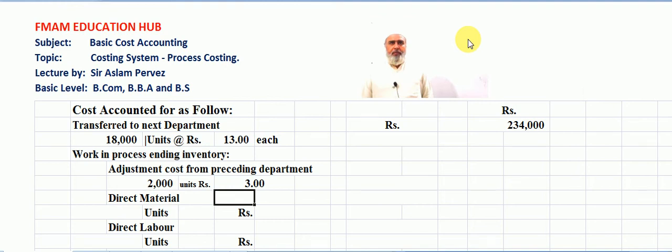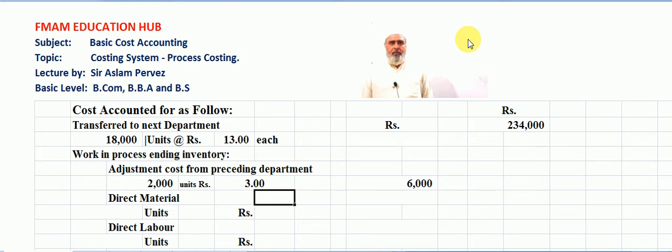Students, this is the adjustment cost from the preceding department here. Now we find the cost against this. We have to multiply 2,000 units at the rate of 3 rupees per unit. This is 6,000 rupees as adjustment cost from the preceding department.